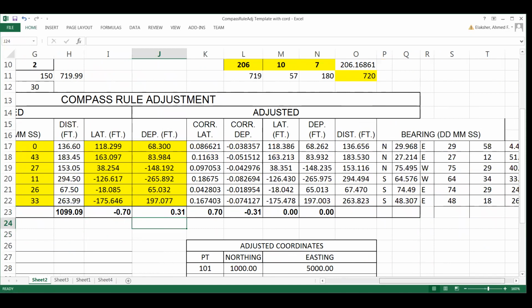And then distributed proportional to the length of the lines. So this one here will get the negative 0.7, but switch the sign. So 0.7 divided by the total length multiplied by the length of the line. Let's see that.